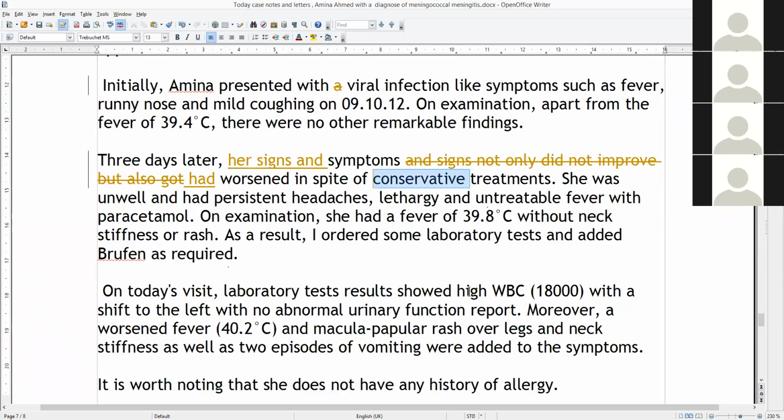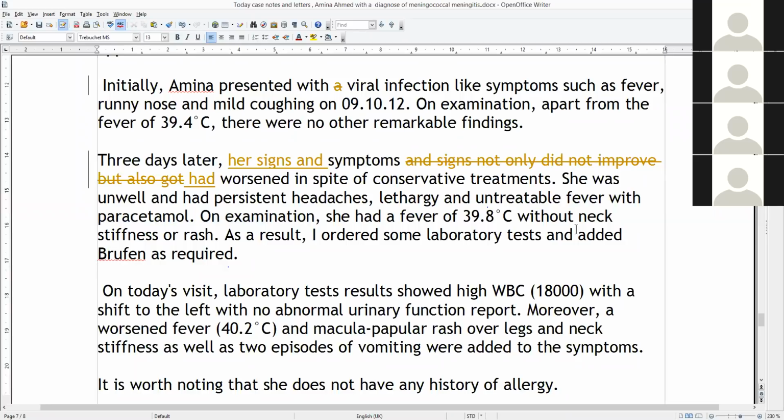Conservative as opposed to liberal, as opposed to communist. What is conservative treatment? What is that exactly? She was unwell, persistent headaches, untreatable fever with paracetamol. So her fever was not controlled by paracetamol, or it was not cured by paracetamol, because that doesn't mean quite the same thing.